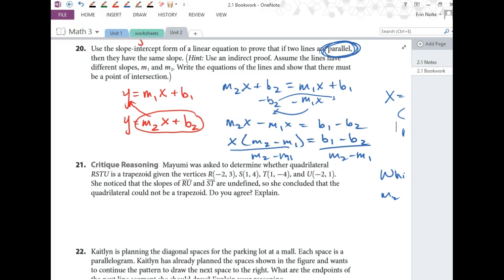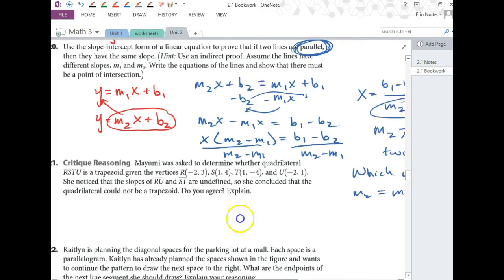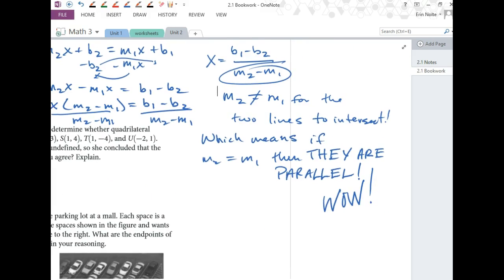Then in order to find the place where these intersect, I do some substitution. I substituted that through to find the values of x, and then I could find the value of y once I had an actual number for x. But when I got to x, there was a problem.